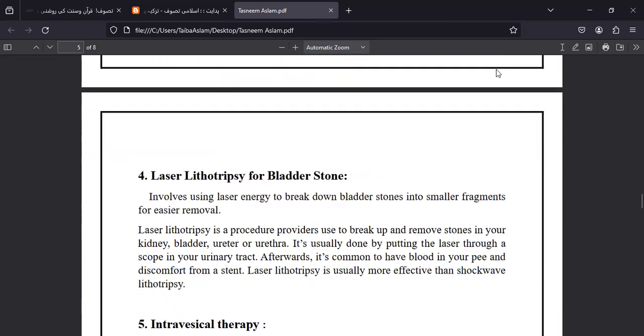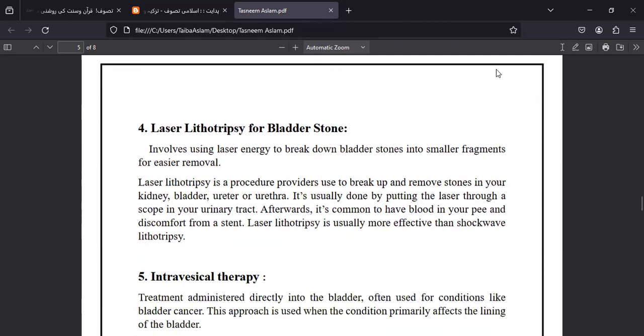Next one is laser lithotripsy for bladder stones. It involves using laser energy to break down bladder stones into small fragments for easier removal.